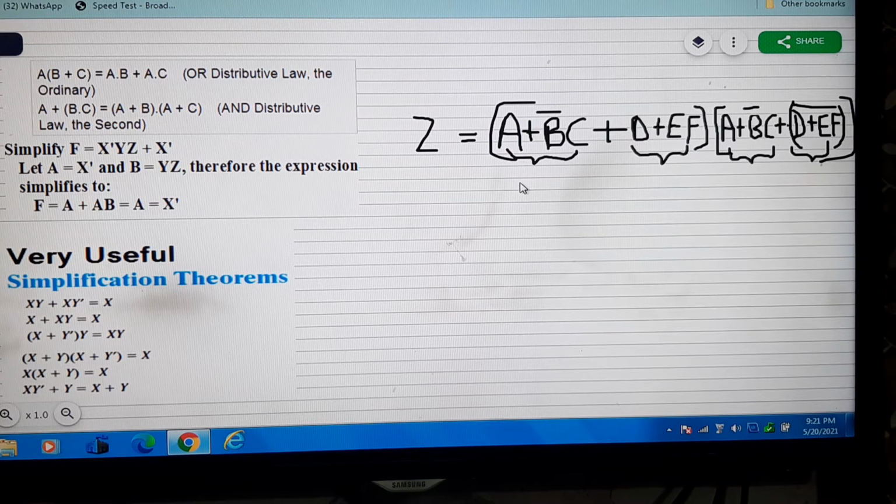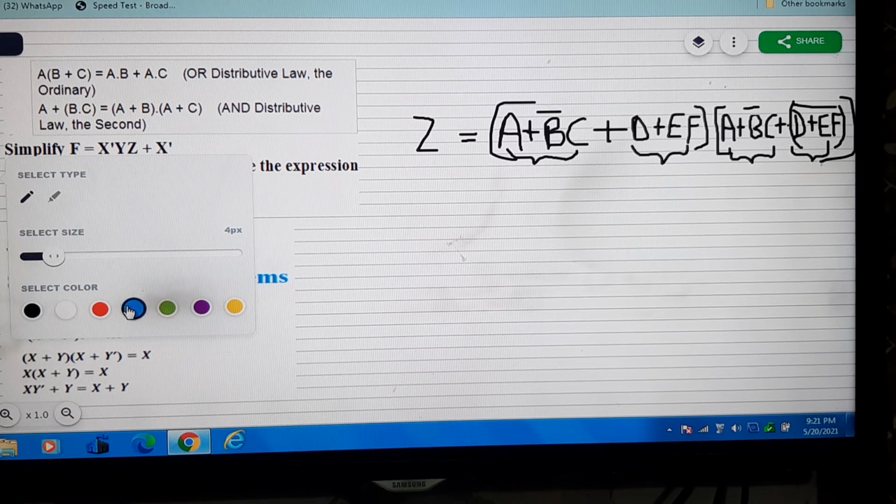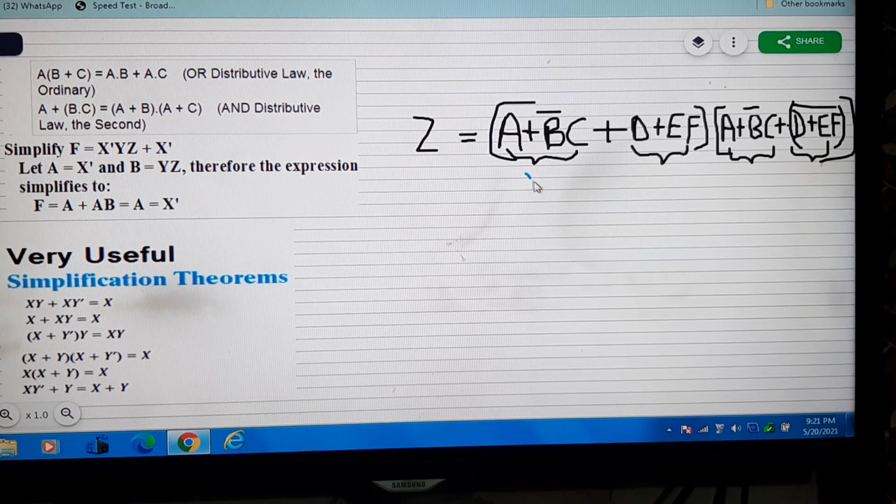Now assume that a plus b bar c is equal to x. Now let d plus ef be equal to y.